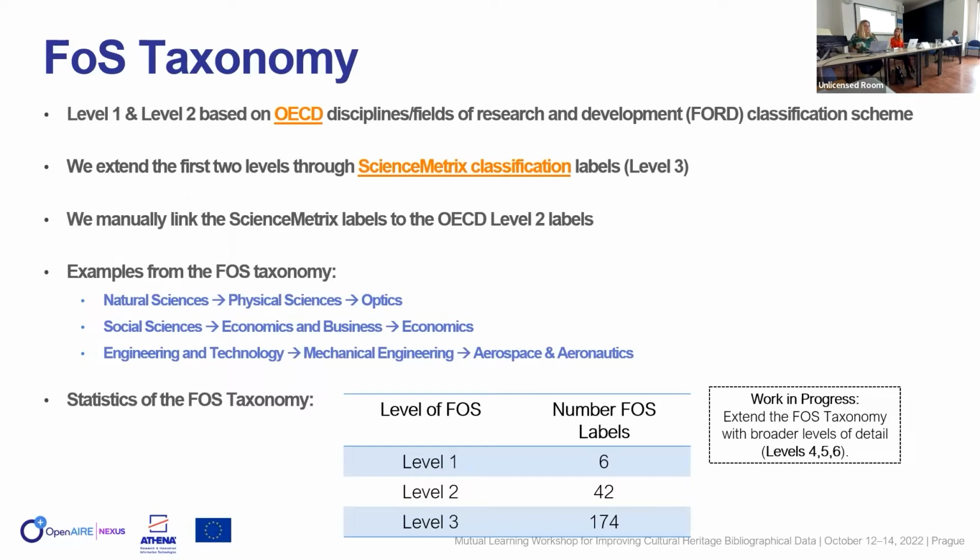Some examples from the taxonomy would be level 1 natural sciences, level 2 physical sciences, level 3 optics, or social sciences, economics and business, and then economics, and so on. In the end, we come up with 6 level 1s, 42 level 2s, and 174 level 3s.